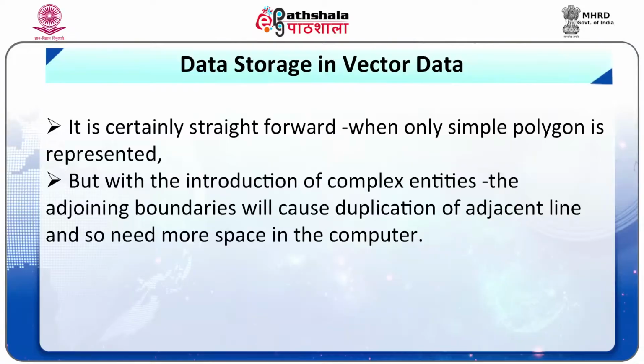It is certainly straightforward when only a simple polygon is represented. But with the introduction of a complex entity such as more than 2 polygons, the adjoining boundaries will cause duplication of adjacent lines and so need more space in the computer. Moreover, there are also many matching problems that occur while overlapping 2 sets of some adjoining boundaries.